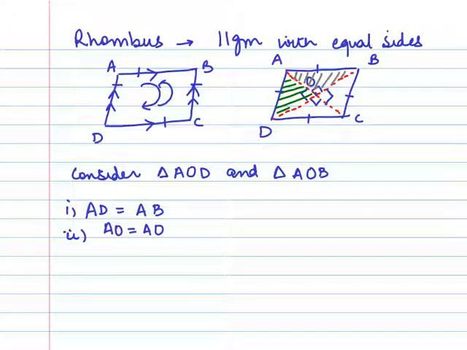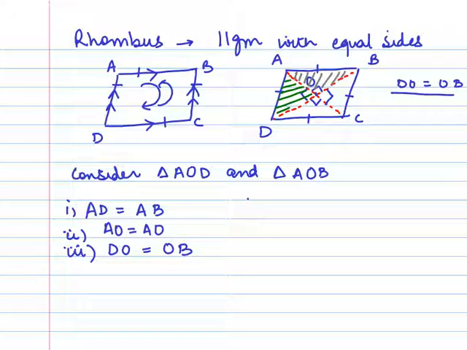And in a parallelogram we have already studied that diagonals bisect each other. Bisect each other means in a parallelogram DO will be equal to OB. Because a rhombus is a parallelogram, it meets all the properties of a parallelogram. So we can write side DO is equal to side OB.